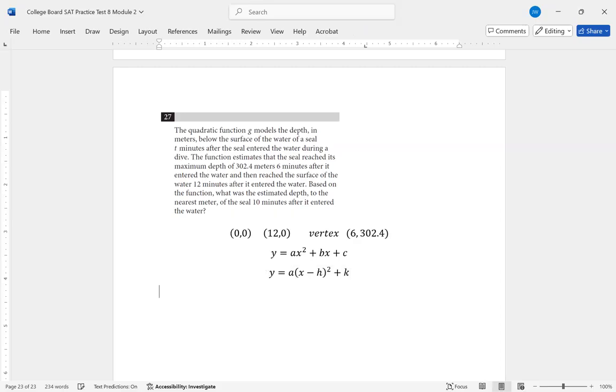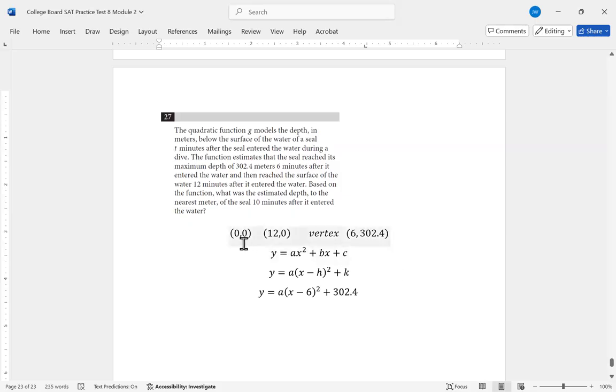In this case, that second option is easier because we know the vertex happens at 6 comma 302.4, so we know what our h and k are. We have y equals a times x minus 6 squared plus 302.4. And that's what the parabola will look like.